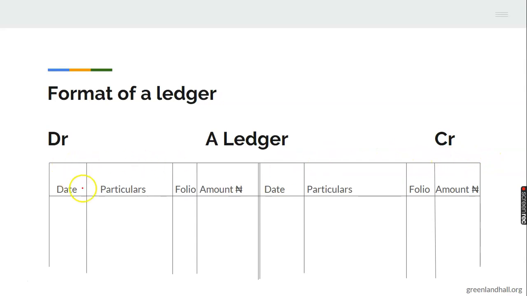And at the two sides we have date, particulars, folio, and amount, thus making us have 8 columns at the two sides of a typical ledger.